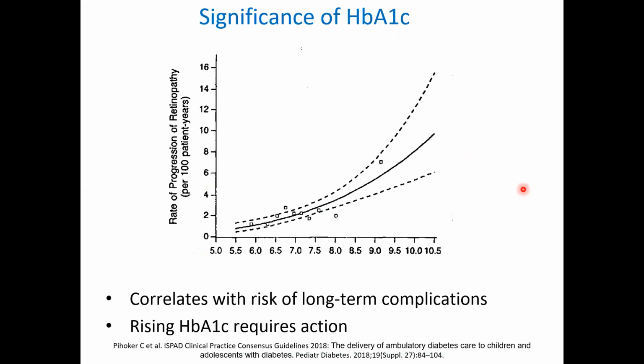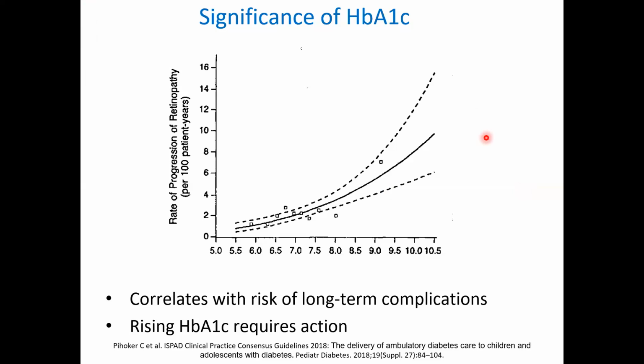So what is the significance of HbA1c? There's a large trial that was done called the DCCT trial many years ago, where they were comparing patients with diabetes who had tight glycemic control versus a second group who were on conventional therapy. And we're looking at the long-term microvascular complications.